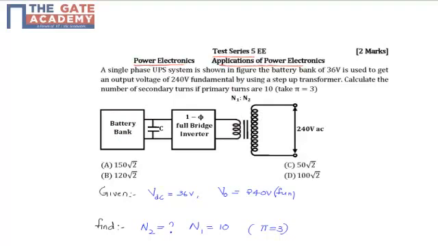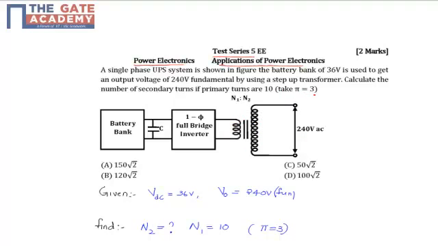In the given question, there is a single phase UPS system, which is an uninterruptible power supply, with a battery bank of 36 volts shown in the figure. It is used to get an output voltage of 240 volts fundamental by using a step up transformer, where the output voltage is greater than the input voltage.